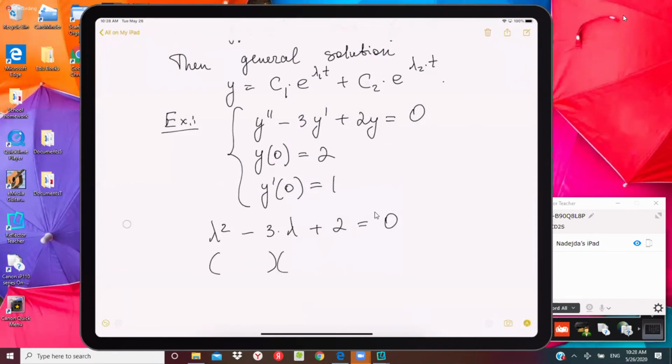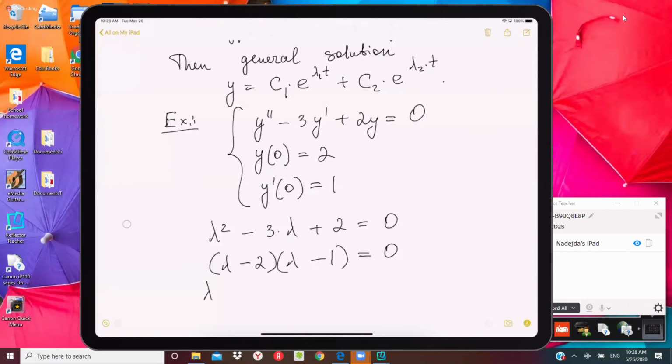Let's find two numbers so that the product equals 2 and the sum equals -3. What are the two numbers to put here? -2 and -1. Thank you. Let's check. So we have lambda squared minus lambda minus 2 lambda plus 2. Excellent.